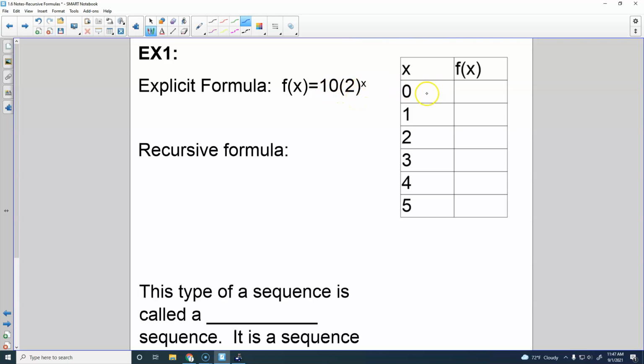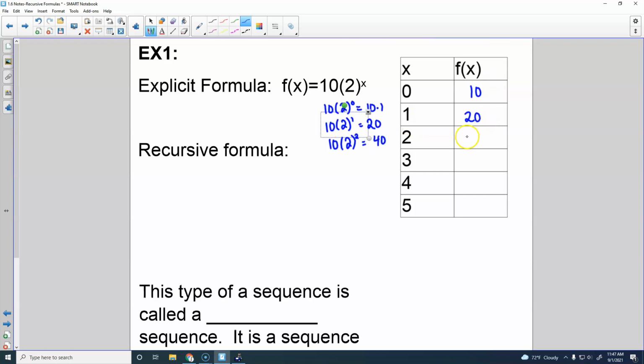If I plug in 0, that's 10 times 2 to the 0 power. What is 2 to the 0? 1. So this is really 10 times 1, so I get 10 there. If I plug in 1, 10 times 2 to the first power, that's going to give me 20. If I do 10 times 2 to the second power, 40.